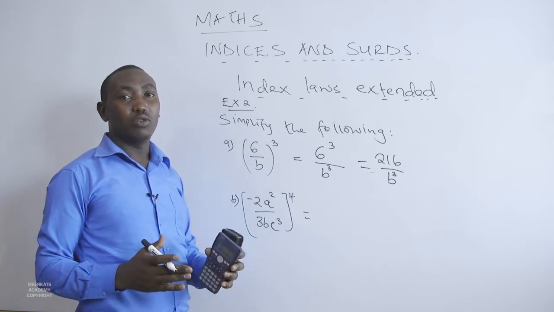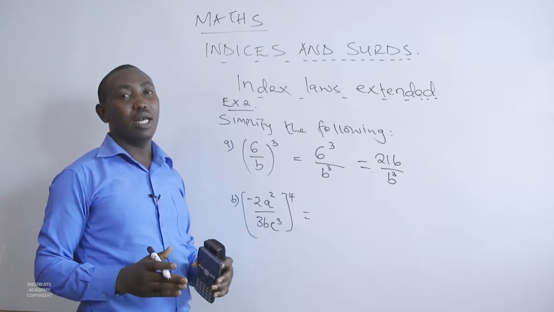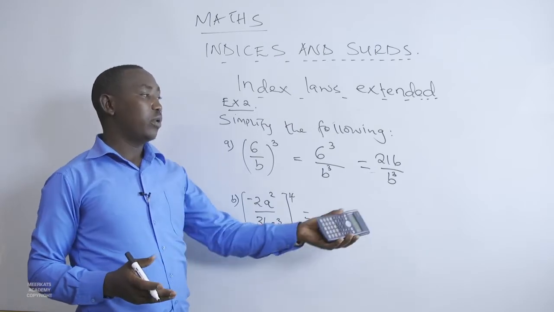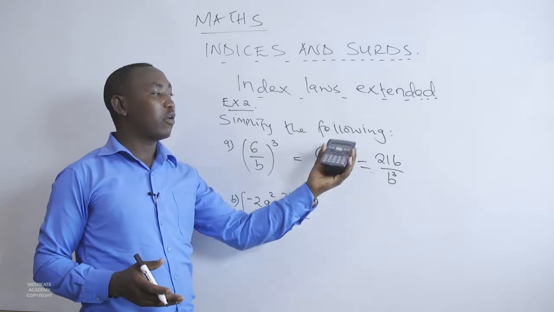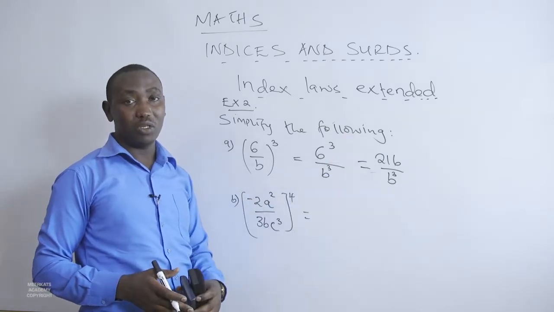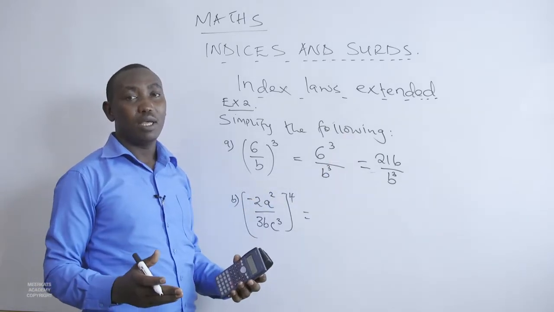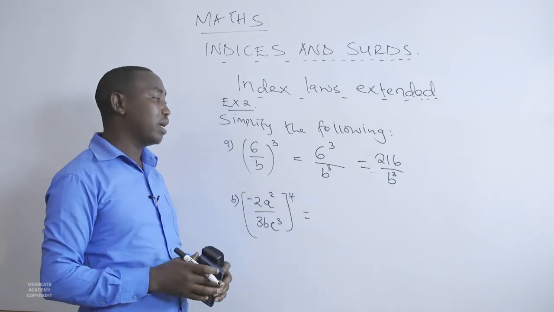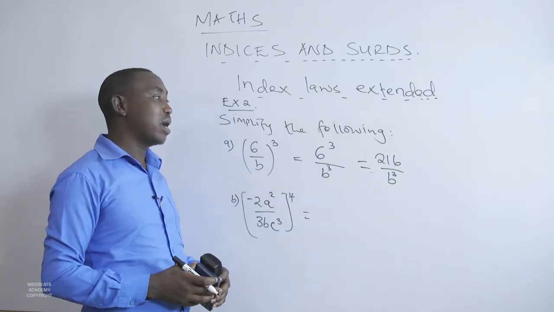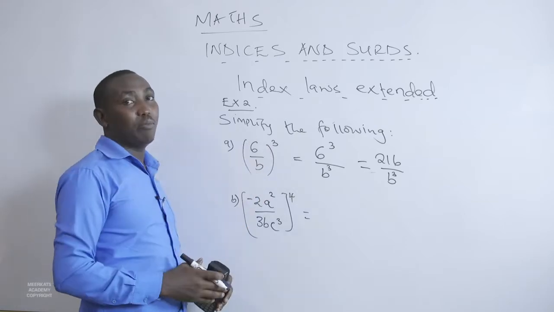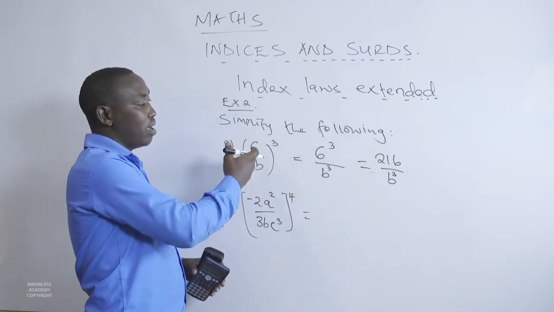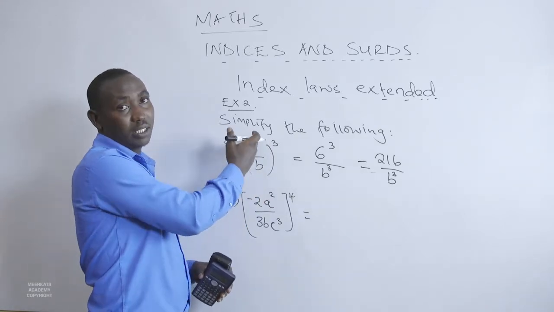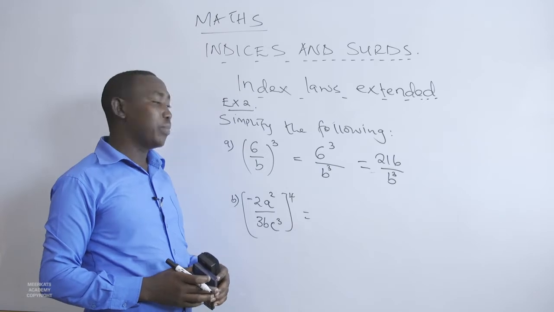Later on, as we shall be learning how to write negative indices, we shall be able to write this expression as one term instead of having it being divided by a given number. So we have said we filter in the powers, that is we raise each content inside the bracket to the power of 3.